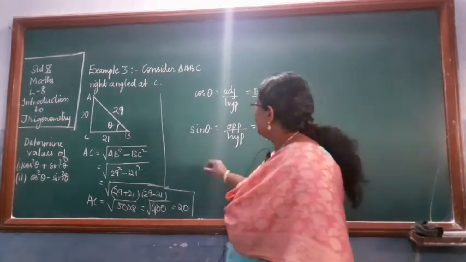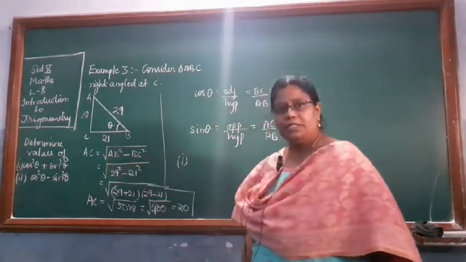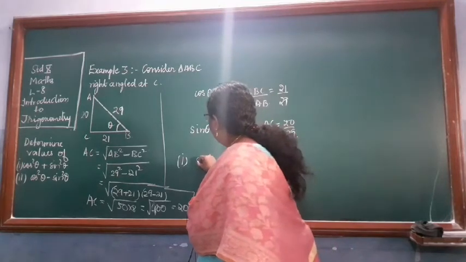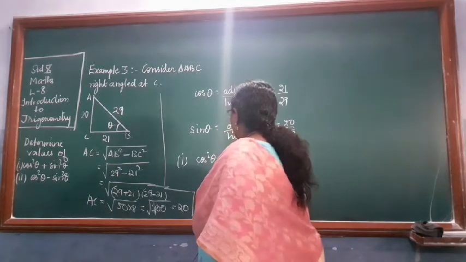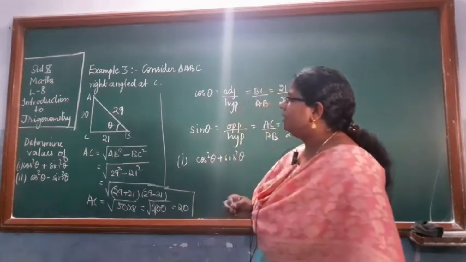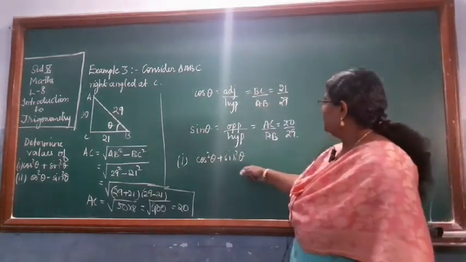Now what is the first thing you are asked to do? You are asked to find cos square theta plus sin square theta. You have to determine what is the value. So what is your cos square theta?